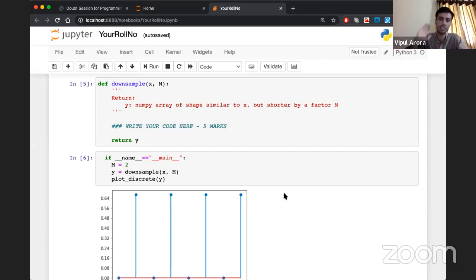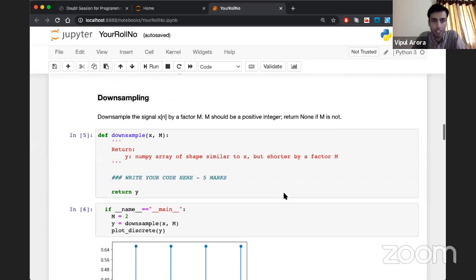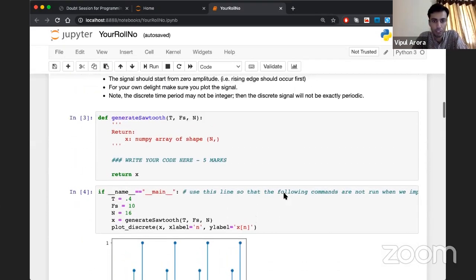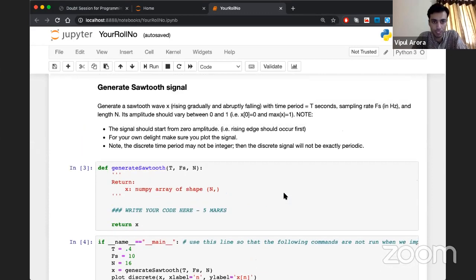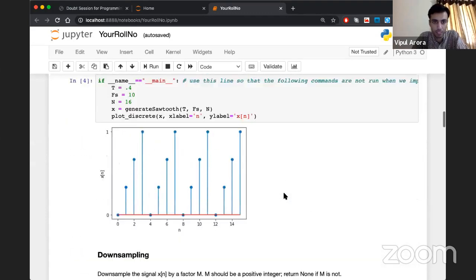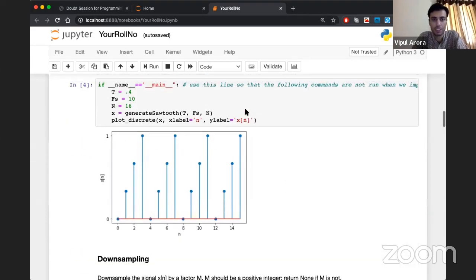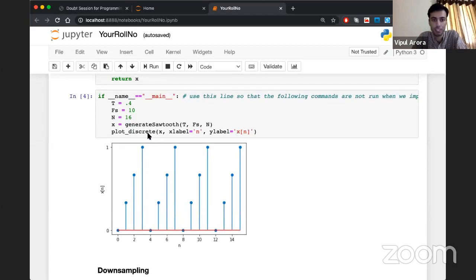When you discretize it, yes, you can never get exactly 1. But I have written here that you have to satisfy this condition: your maximum value should be equal to 1. So basically, I am normalizing your signal so that this value becomes 1. This is the concept of normalization.